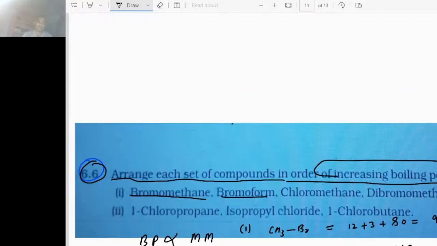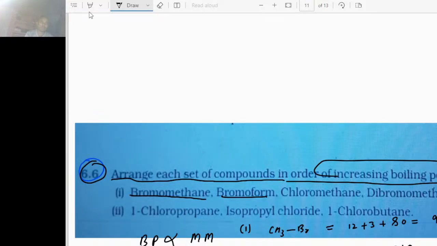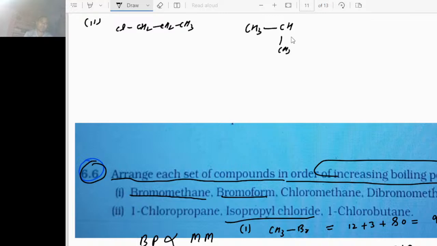Now the second one, student. See, 1-chloropropane: Cl is there, this is CH2, here is CH2, this is CH3. Then isopropyl chloride, student: CH3, this is CH, this is CH3, and here is Cl.